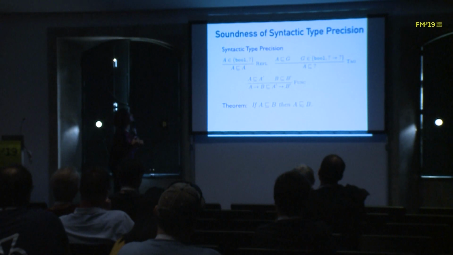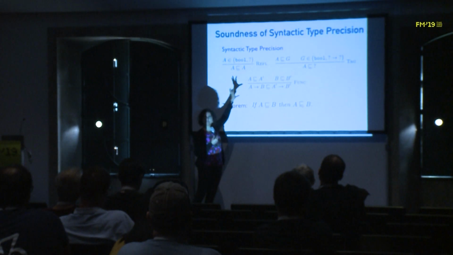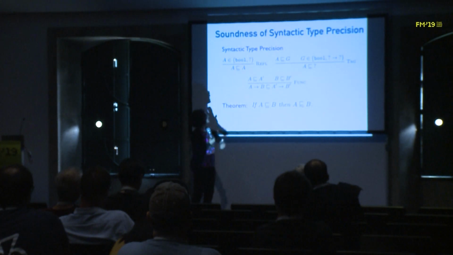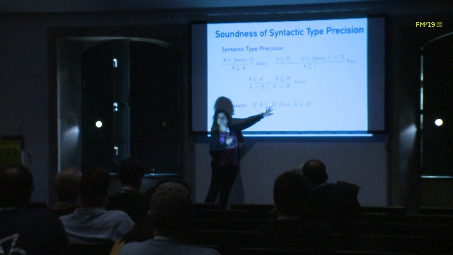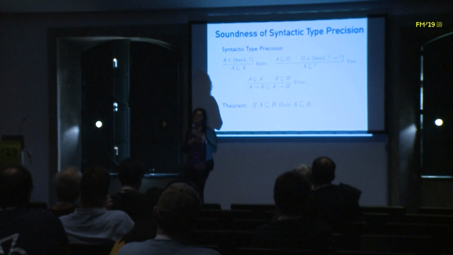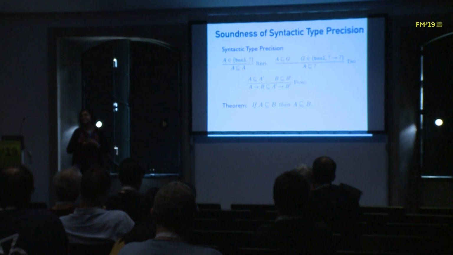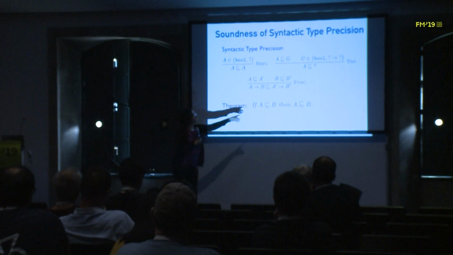How do you make sure that your syntactic type precision rules actually mean something, that they're sound? Well, you simply say that your syntactic type precision should always imply the semantic type precision. I've given meaning to what that relation should mean, and now if I write down a set of rules, I can try to prove this theorem and see if it is sound. It gives me an independent way of coming up with syntactic type precision rules.